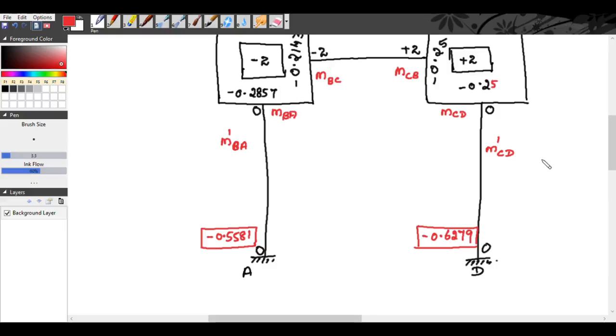M dash of CD is the same as M dash of DC.